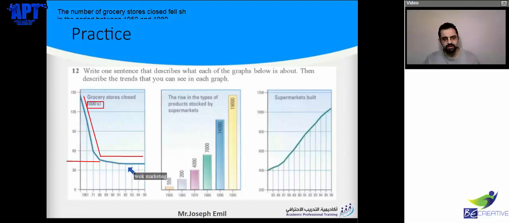Now after that they reached a plateau, or a slight decrease, then a plateau. So this followed a slight decrease in the period between 1980 and 1991, followed by a plateau till 1995 at 40,000.